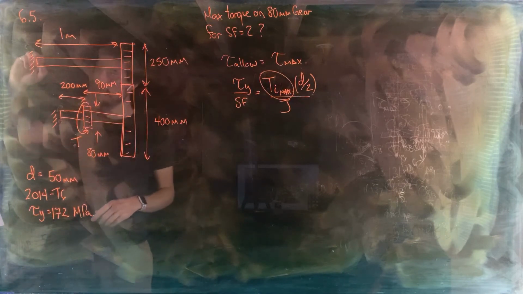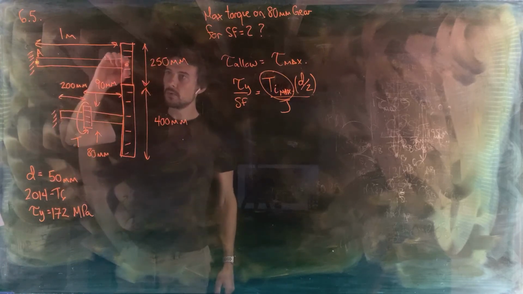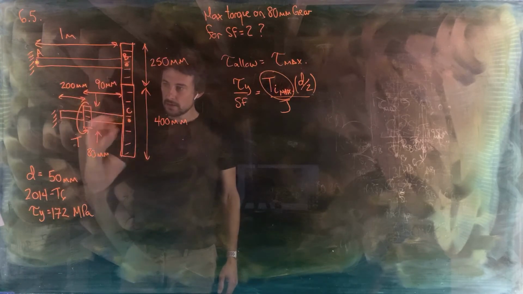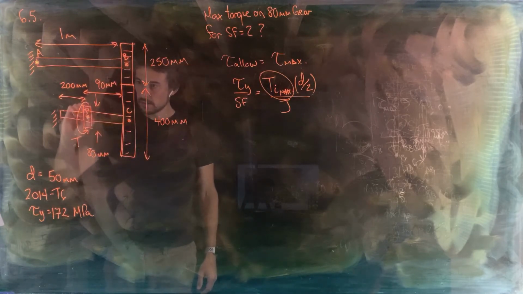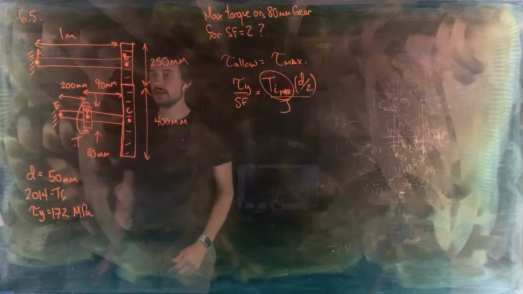So I'll start from up here. This point A, we'll say, on the wall there. Here's point B, this gear, point C, point D, and point E over on the other wall. So A, B, C, D, E.